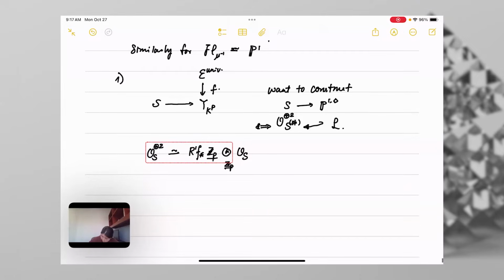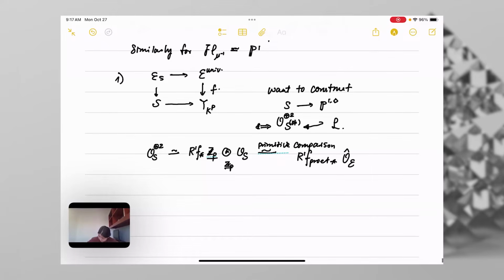Now we want to construct this filtration. First of all, by the primitive comparison theorem, we notice that if we write E_S as the fiber product here, then this tensor on the right-hand side is also the relative pro-étale cohomology of the structure sheaf on E_S.